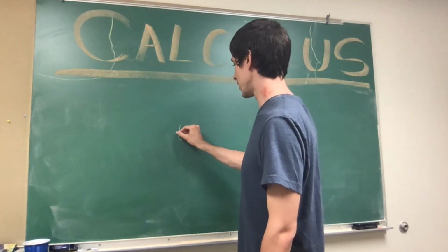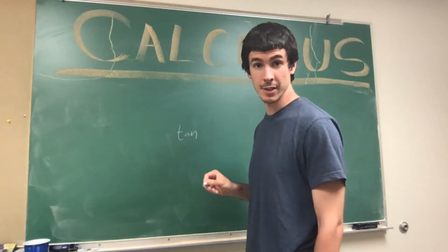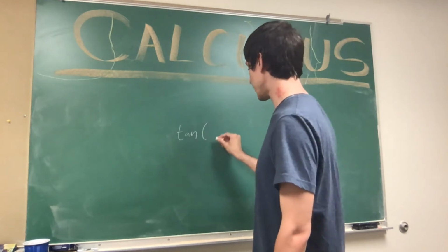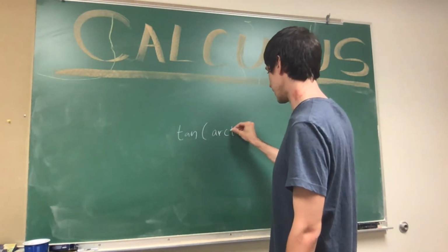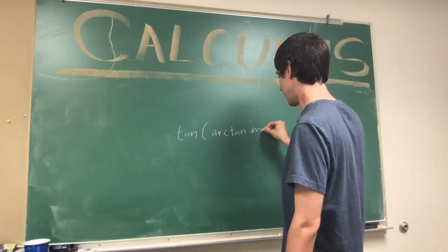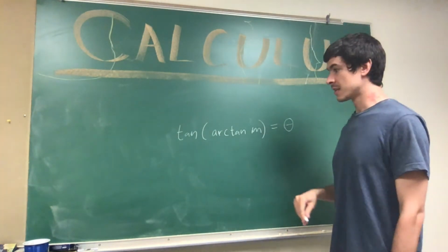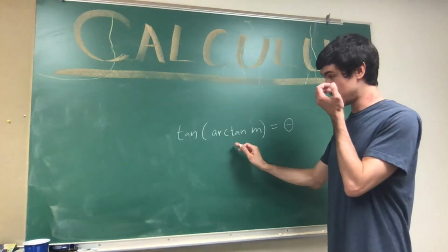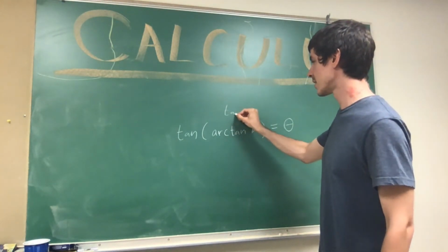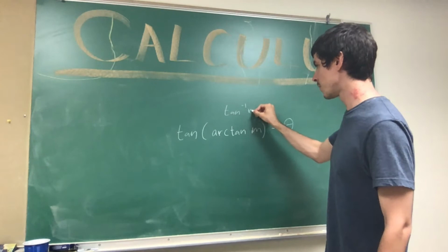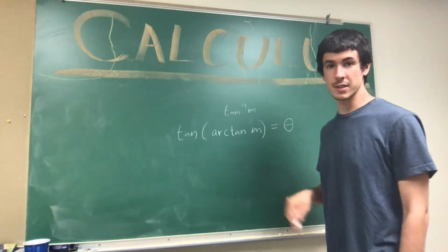So this is a very similar idea to what we did before. So tangent of arctangent of m equals theta. So arctangent is the inverse tangent function. It's sometimes written as tangent inverse of m. But regardless, it's the same thing.